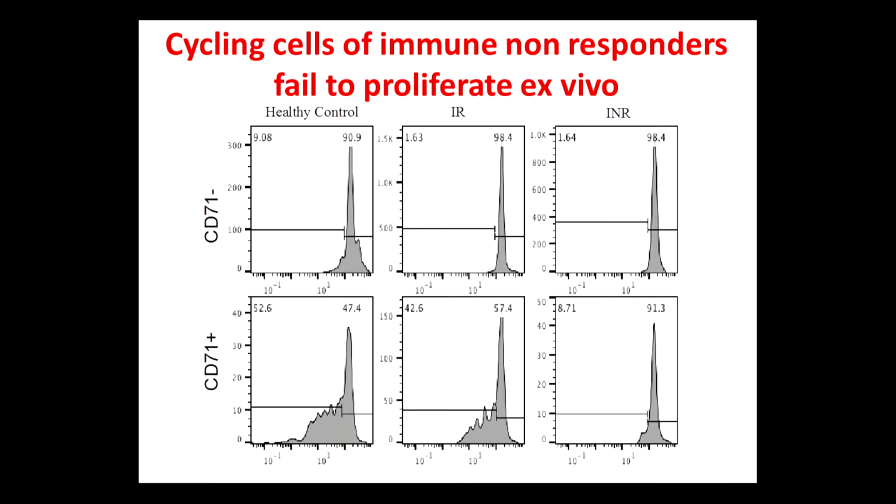They proliferate fine among the healthy controls. They proliferate fine among the immune responders. However, the immune non-responders, and again, these are all cycling cells that express markers of cell cycle, are not capable of ex vivo proliferation. In fact, many of them die.